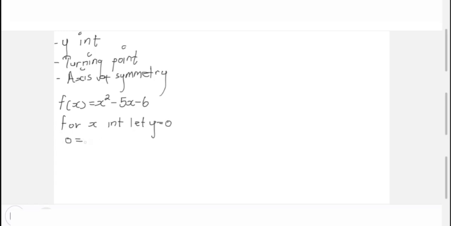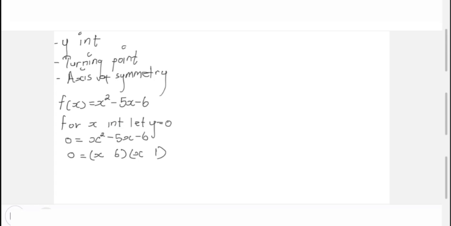So 0 is equal to x squared minus 5x minus 6. Then we're going to factorize that. We're going to have x on this side, x on this side. We need two factors that add up to make 5, but when you multiply them they give you 6.